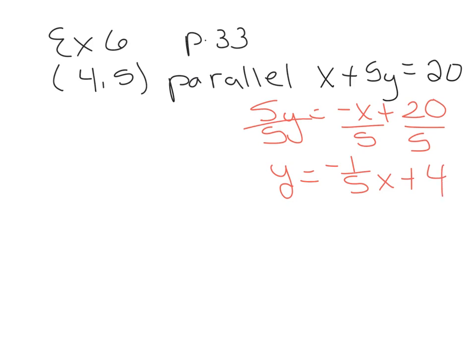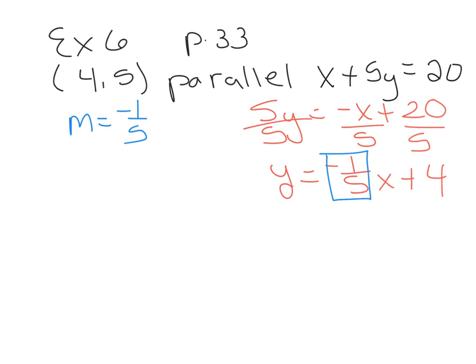Now don't forget, this is not 5x. There's an invisible 1 here. That's why this turns into 1/5. And then we can see the slope here is negative 1/5, and that's the slope we're going to apply to our new line. So now we have a slope and we have a point.